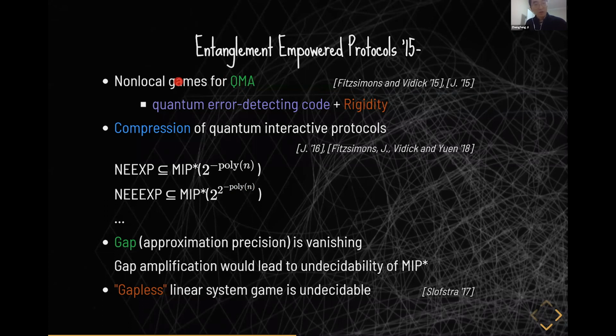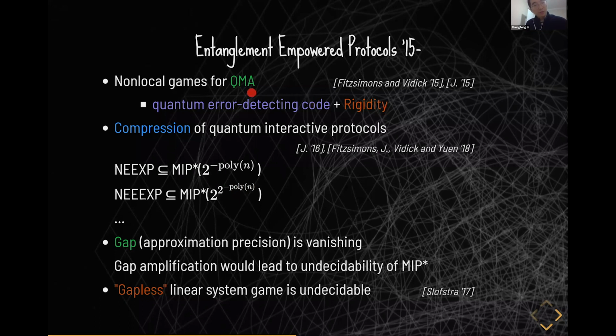The first step was that we were able to prove that non-local games are QMA-hard. That's a technique using quantum error detecting codes plus rigidity. I don't have time to go through rigidity. It's based on the statistics of a non-local game: you can infer the structure of the measurement structure of the prover.